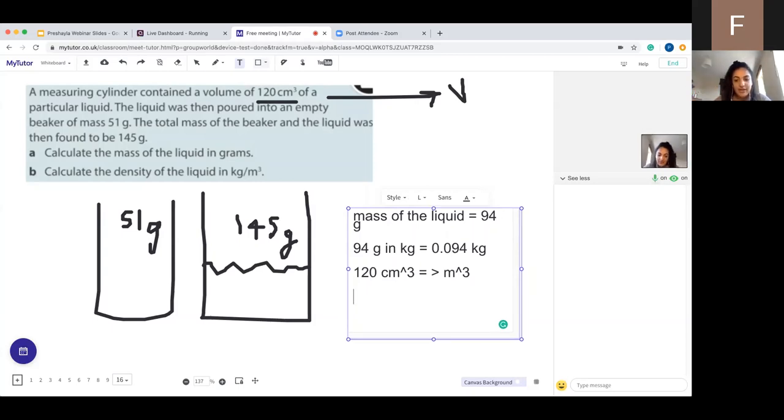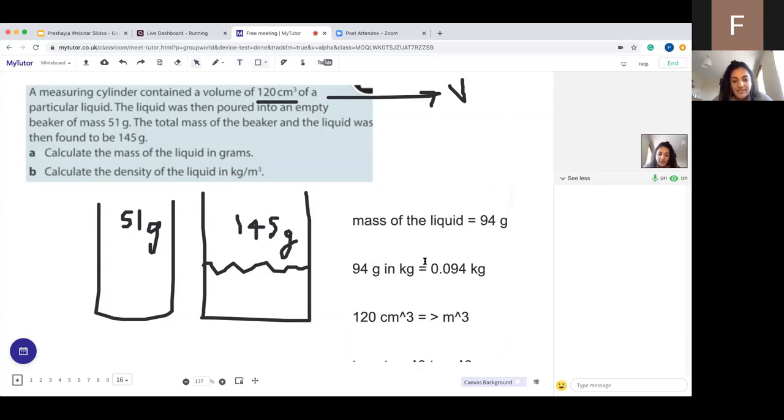So if we divide 120 by 10 to the power of 6, we get 1.2 times 10 to the minus 4. So to get centimeters cubed to meters cubed, we divide by 10 to the power of 6, or a million if that's how you want to remember it.